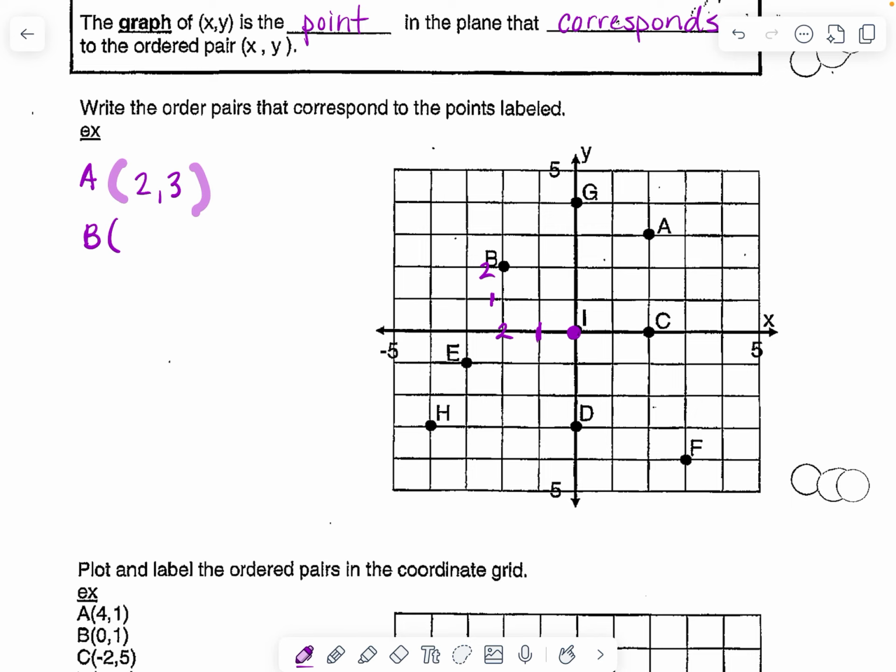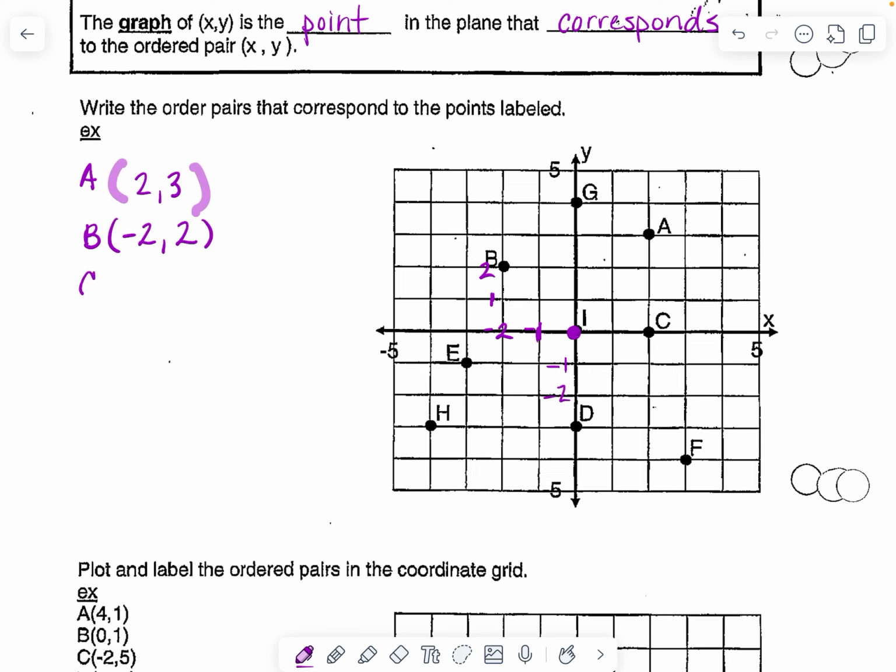So the ordered pair of point B would be (-2, 2), because you went left, but you went up. So basically, you're just counting squares, and you're remembering that negative is when you move left, and negative is when you move down. Positive is when you move right, and positive is when you move up.